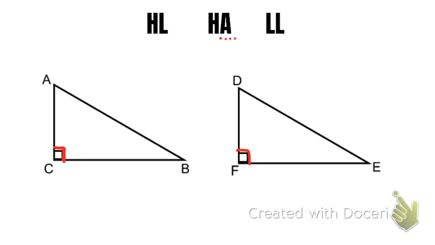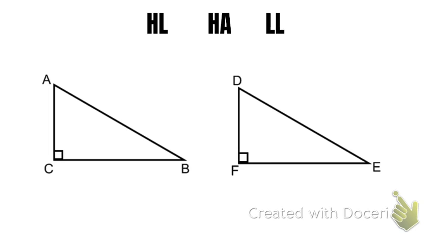We see that it has A, we know A means angle, but there's also H and L. So to refresh your memory about H and L, H stands for hypotenuse, and the hypotenuse is directly across from the right angle. And then the L stands for leg. The legs are the two sides that form that 90-degree angle. So hypotenuse and leg.